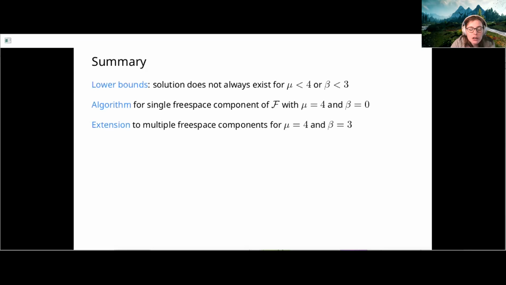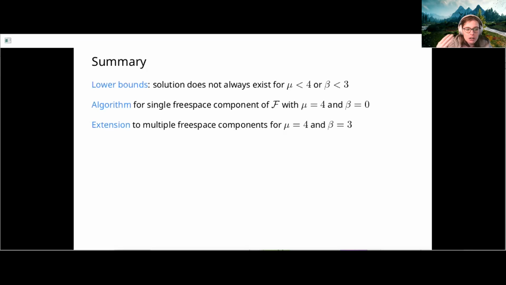So let me go over again what I've talked about in part 2. So first, the lower bounds: we cannot always guarantee that there is a solution for monochromatic separation less than 4 or bichromatic separation less than 3.